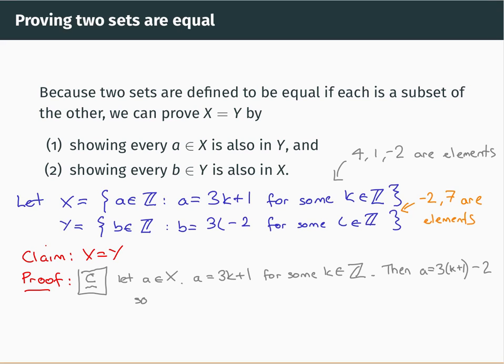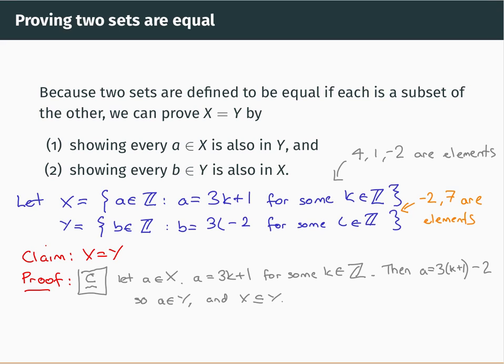So that is an integer multiple of 3 minus 2. Therefore, A is in Y. So we've proved that every element of X is also an element of Y, and therefore X is a subset of Y.